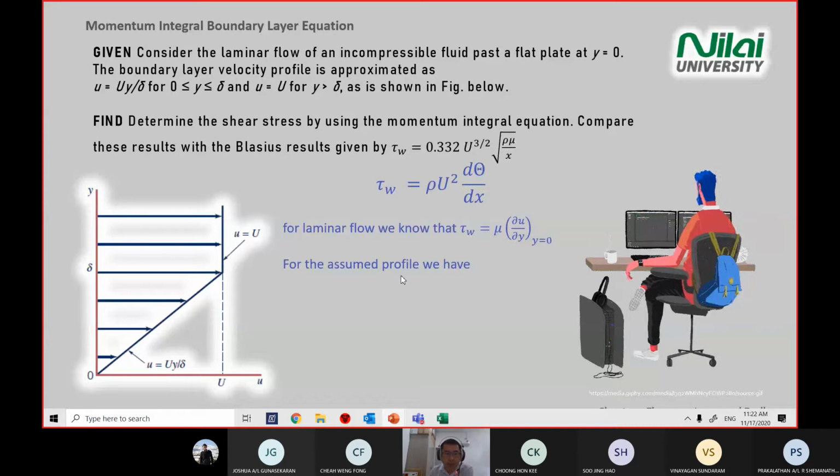For the assumed profile, we use the definition for laminar flow just now. We modify the laminar flow equation for shear stress into mu, the viscosity, times U, our upstream velocity, divided by delta, the boundary layer thickness.